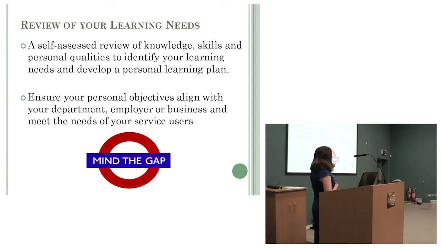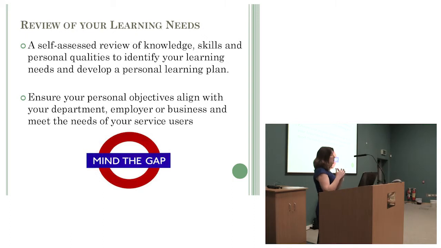A review of your learning needs is really a self-directed or a self-assessed review of the knowledge, the skills, the personal qualities and attributes that you need to develop a personal learning plan and a plan of action. You have to, though, make sure that your personal goals do align with the needs of your employer, with your organisation and with your profession as a whole, and of course with the needs of your service users.